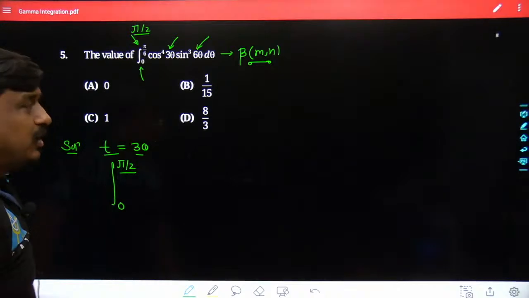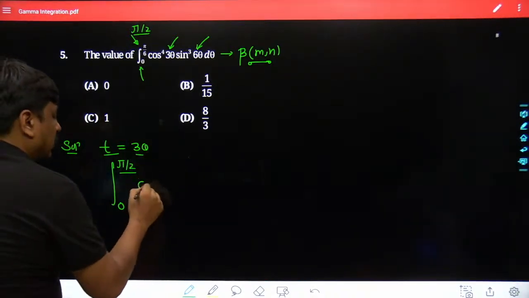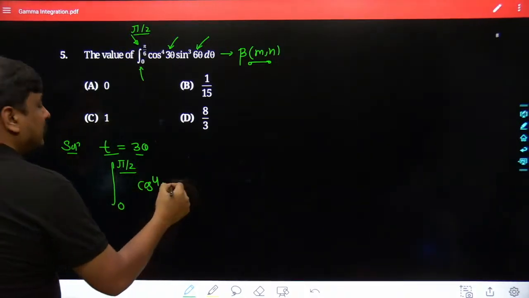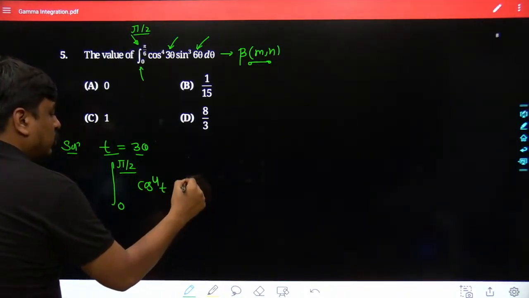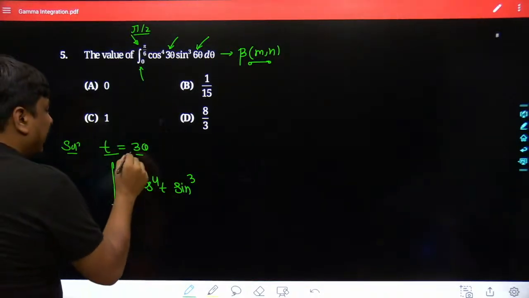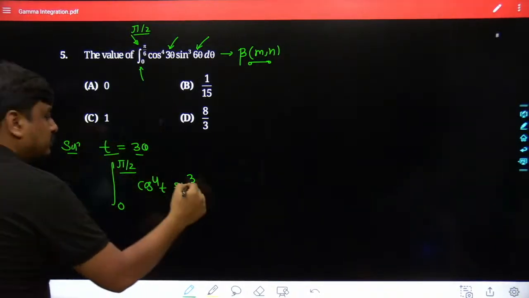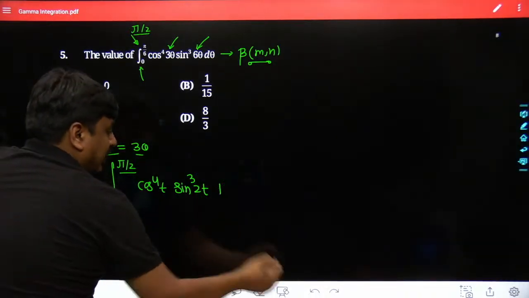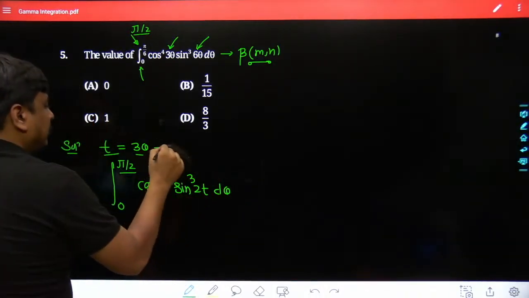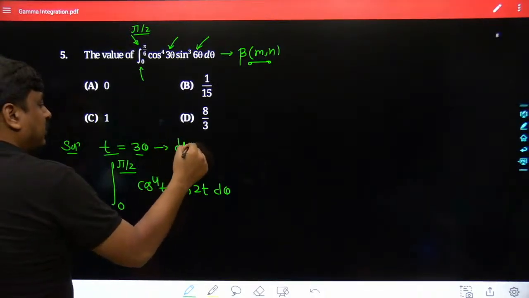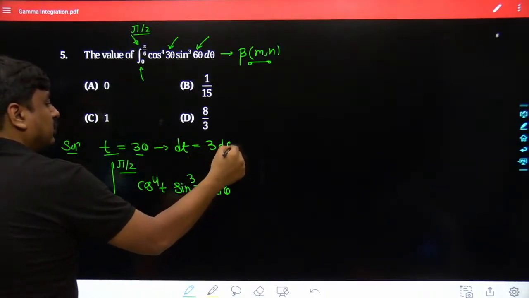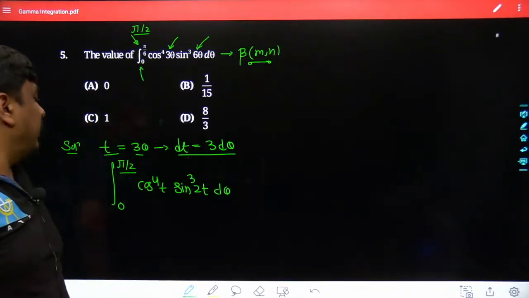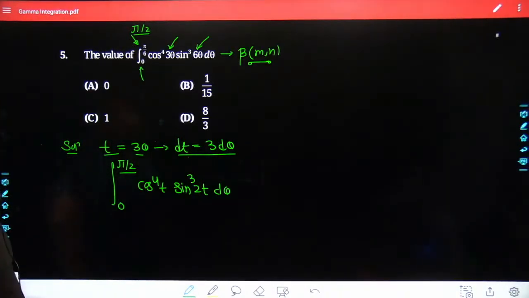Now what is happening over here? Cos of 3 theta has become cos t. Similarly, sine cube of 6 theta could be written with 2t. And it is d theta, no? If we take differentials on both sides, dt equals 3 times d theta.